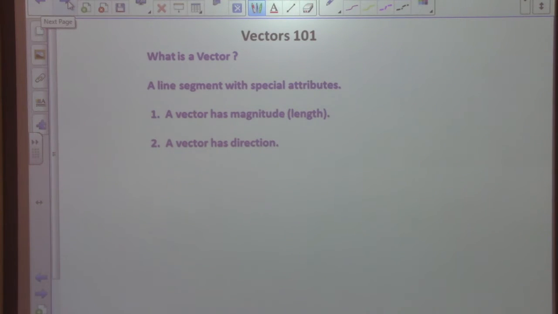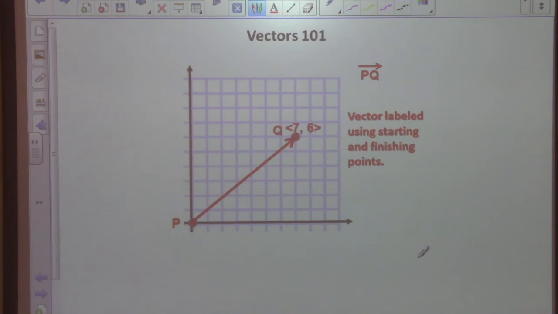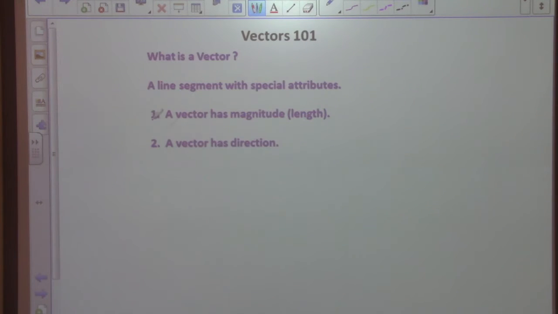A vector can be represented different ways, and most of the ways we're going to be using in this class are represented right on this graphic. Wait, what was it, a line segment? A line segment that has magnitude and direction. That's what a vector is.